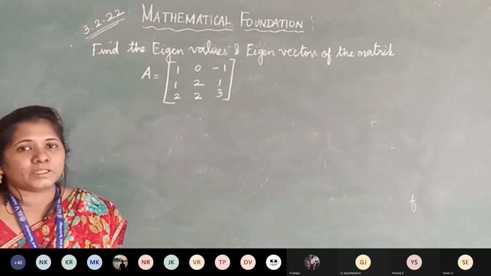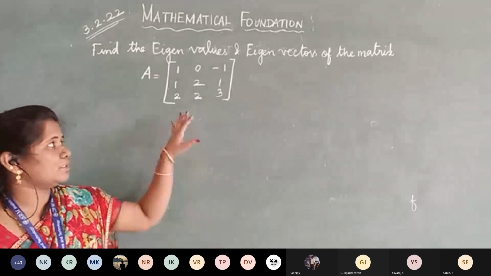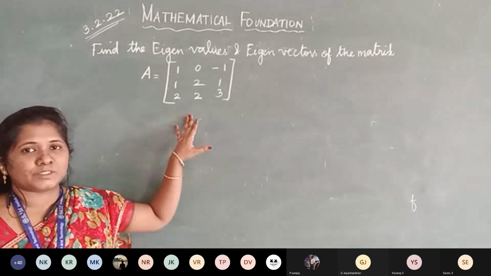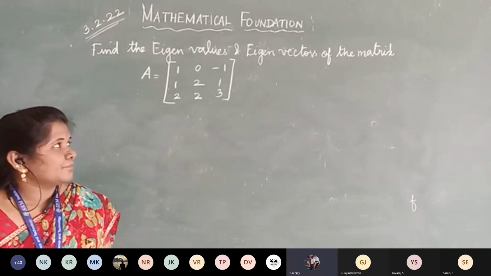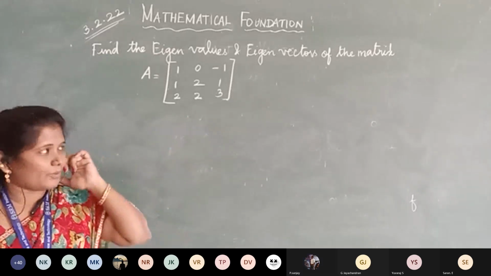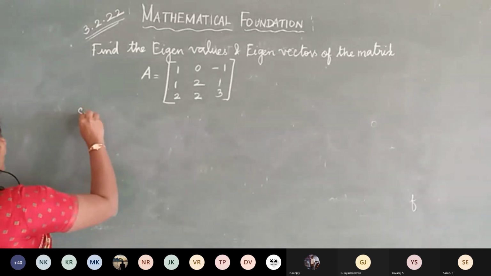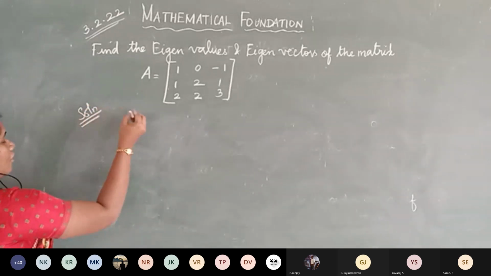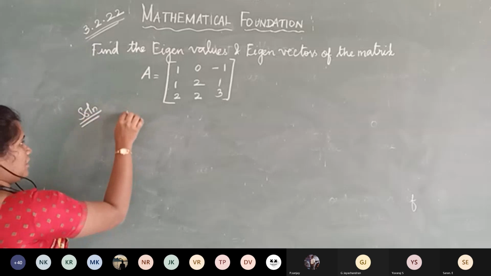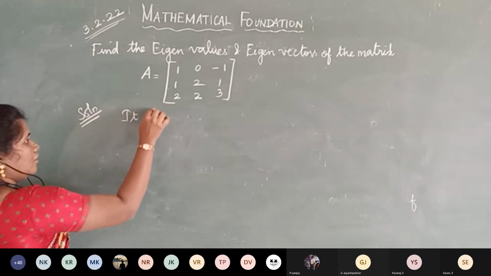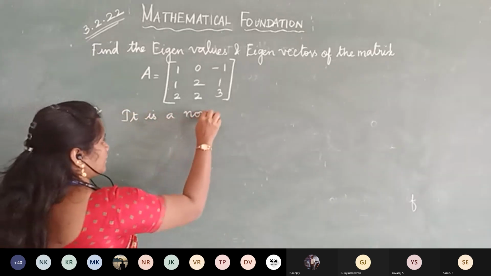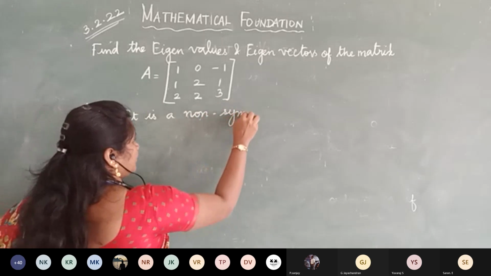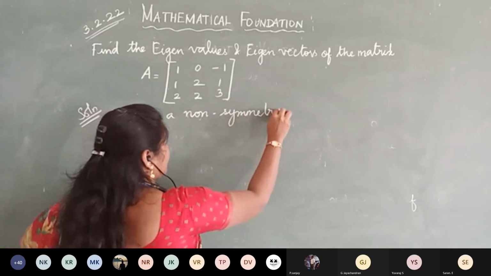If not equal, it is non-symmetric. This one is a non-symmetric matrix. So first, write that the given matrix is non-symmetric.